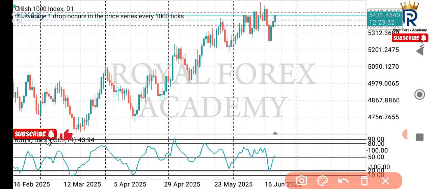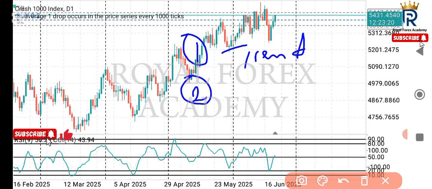Now, after you have determined the trend and you know that it is a buying or a selling direction, the next question is where to buy.